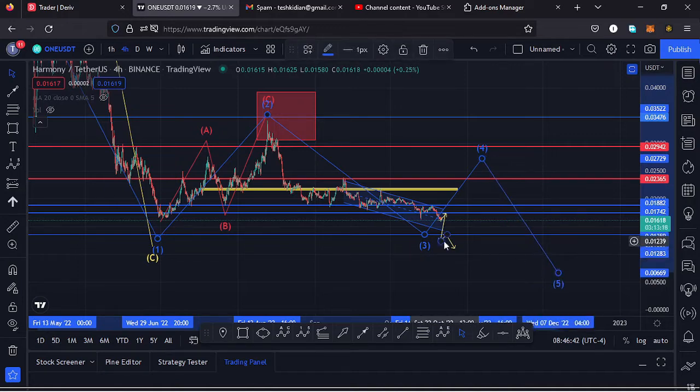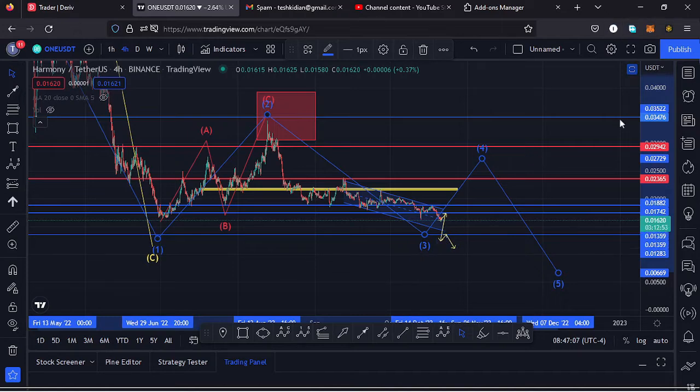So whatever I expect here on the Harmony 1 chart, we are not yet done with making lower lows. We are just getting started, and once we see the formation of a wave 4, we can sketch out a target area to the lower side in the formation of that wave 5. And note that the worst case scenario for Harmony 1 could be playing out once we lose the key area of support at around the $0.013 mark.